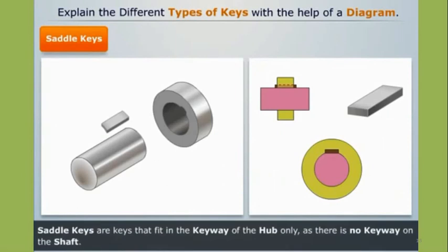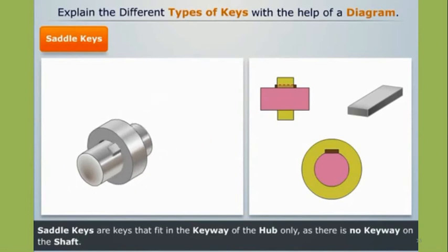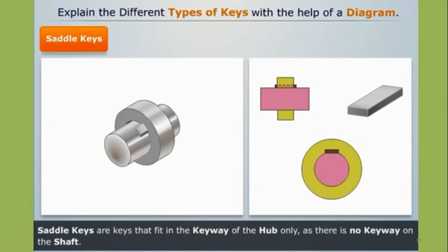Saddle keys are keys that fit in the keyway of the hub only, as there is no keyway on the shaft. Power transmission in the saddle key takes place due to frictional forces.